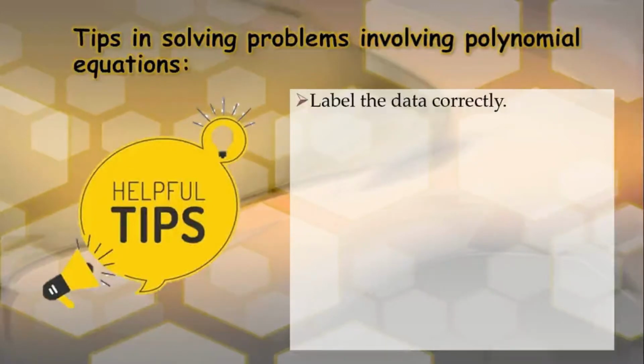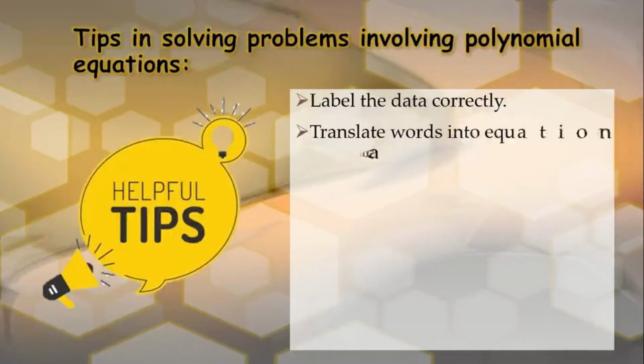You have to represent the known and unknown quantities using variables. Second is to translate words into equation accurately. So, titingnan mo yung mga keywords na pwedeng makatulong sa'yo to formulate an equation or use the formula.